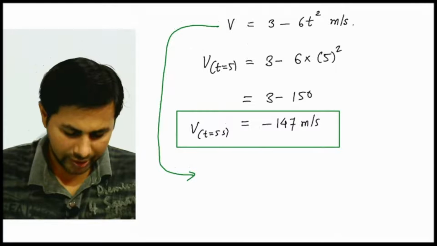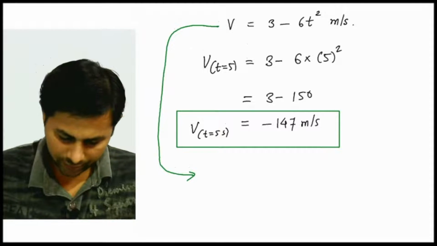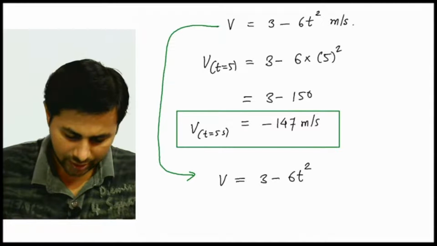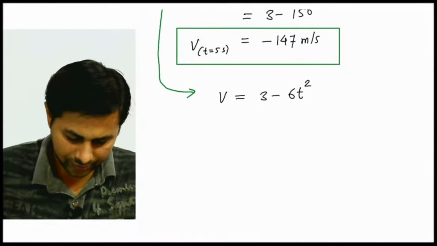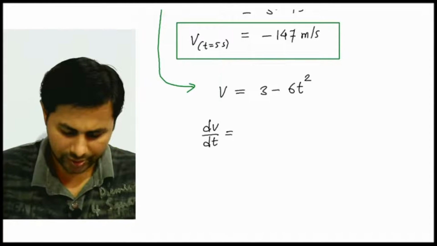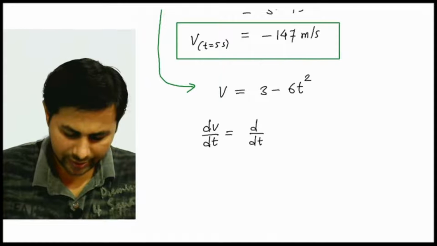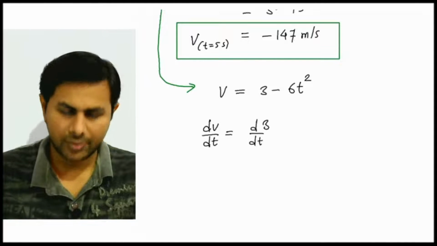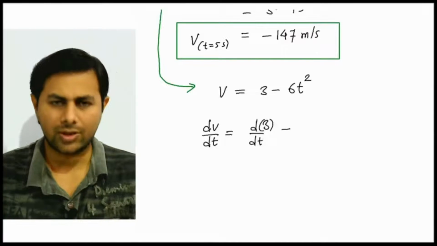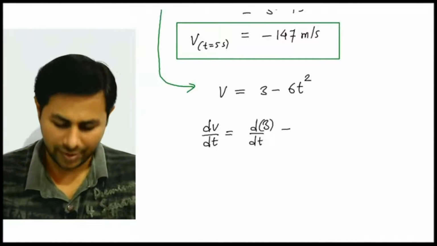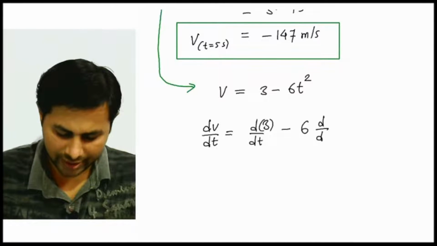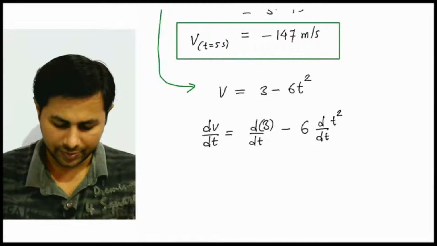Now taking the derivative of this function, we can write dv by dt equals d by dt on the right hand side. So d by dt of 3 is 0 because 3 is constant and a constant does not change with respect to time, minus 6 times d by dt of t squared.